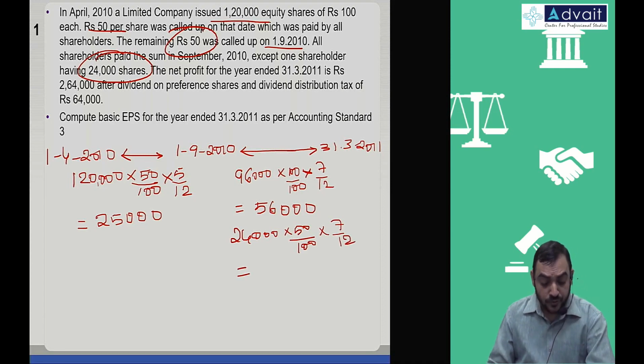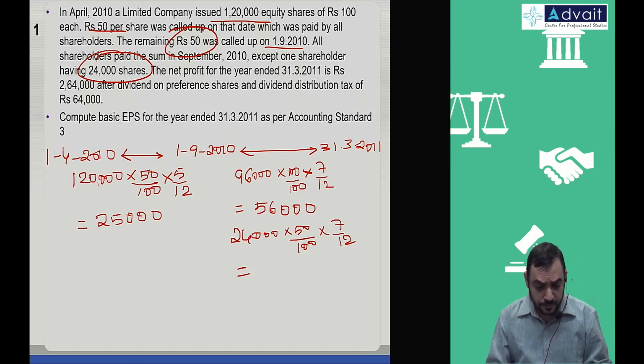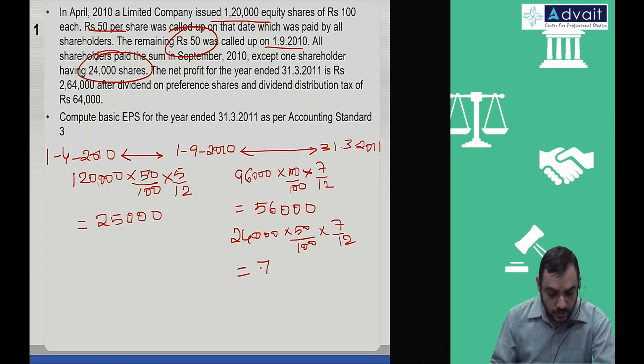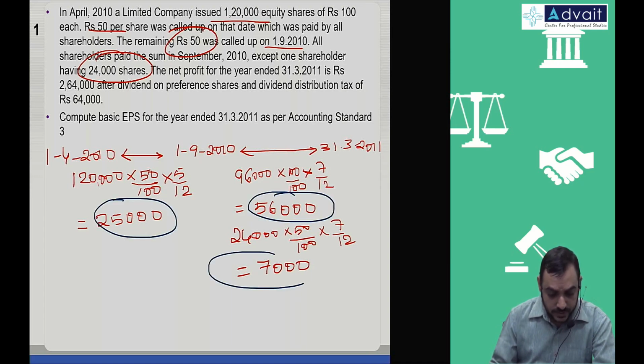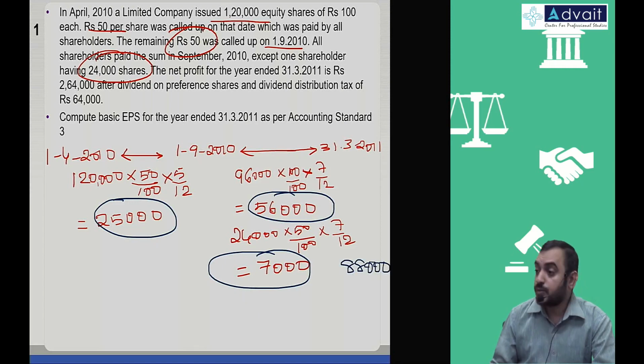So add it up: 24,000 into 50 by 100 into 7 by 12. You get 7,000. So the total number of shares is 25, 56, 7, which comes to 88,000 shares.